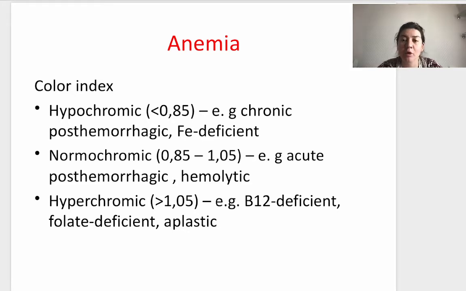It can be normochromic, or normal, from 0.85 to 1.05, in acute post-hemorrhagic or hemolytic anemia. And it can be hyperchromic, more than 1.05. It's typical for B12 deficiency anemia, folate deficiency anemia, or aplastic anemia.